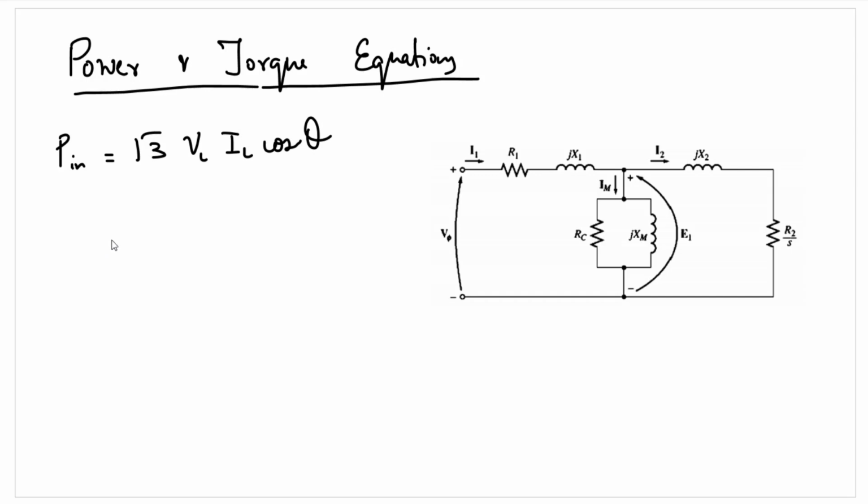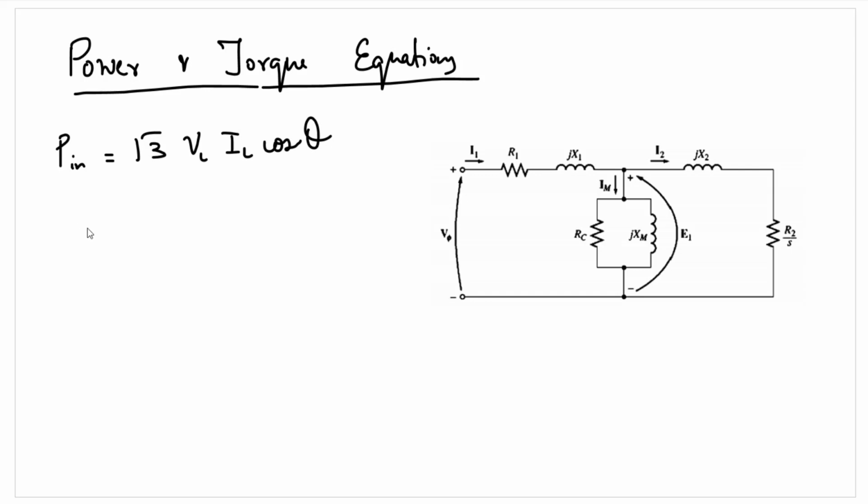This is the input power of the induction motor. We need to find out the values of the stator copper losses, the rotor copper losses, and the core losses in the circuit to derive the air gap power and the converter power, as well as the power that will be available at the output to the load of the induction motor.